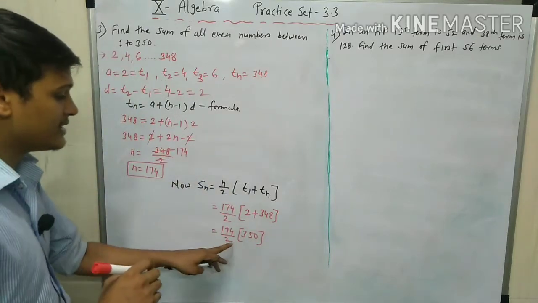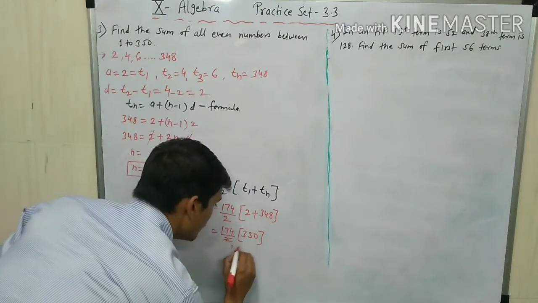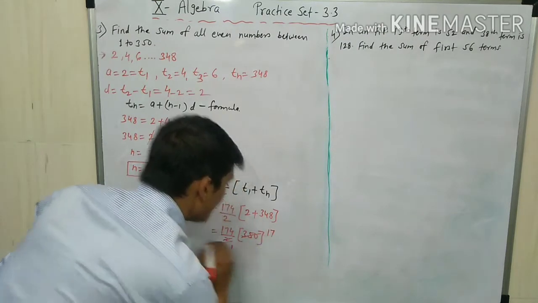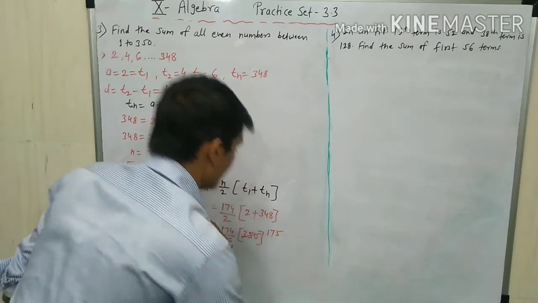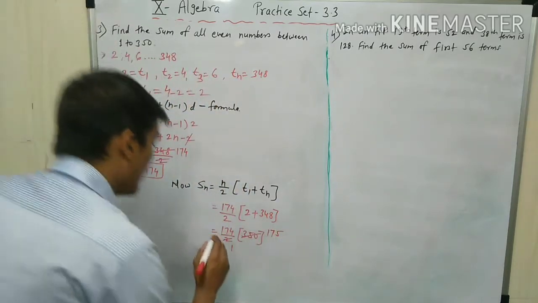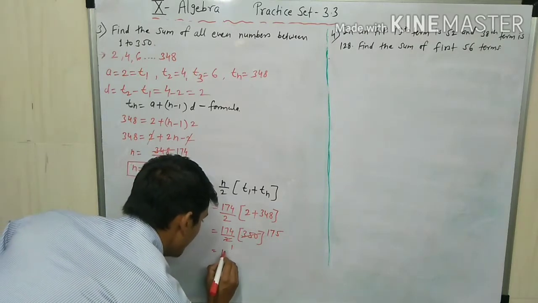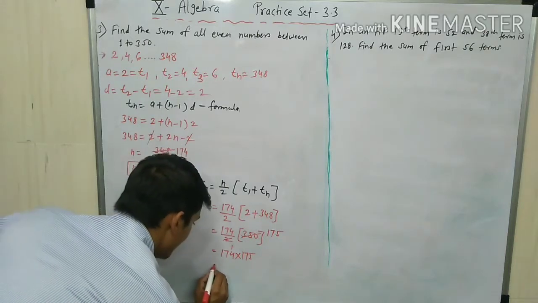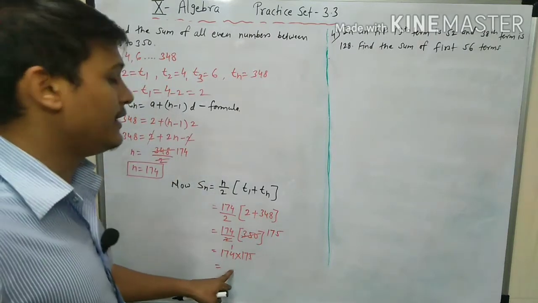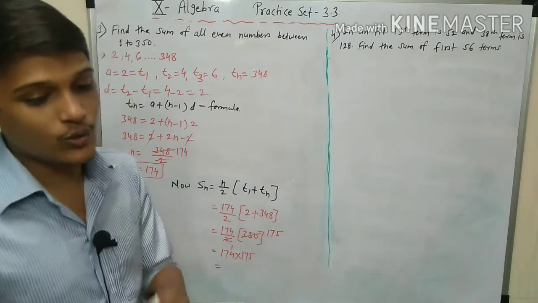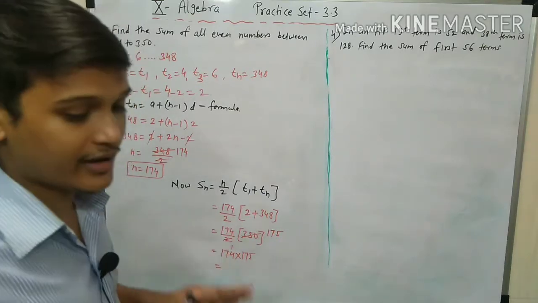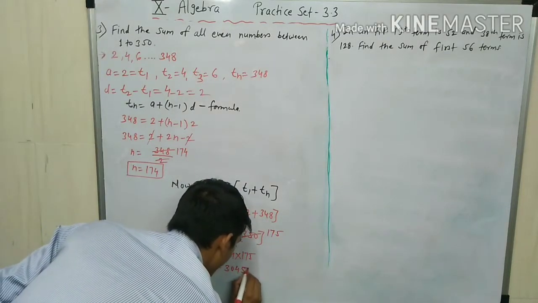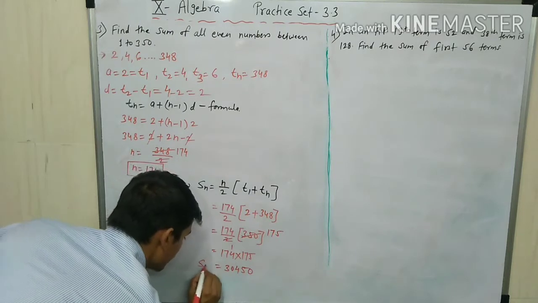Now cancel: 2 ones are 2, 2 sevens are 14, and 2 fives are 10. Understood? Now the value is 174 into 175. This is your Sn. Now Sn is equal to 174 into 175, which is 30,450.